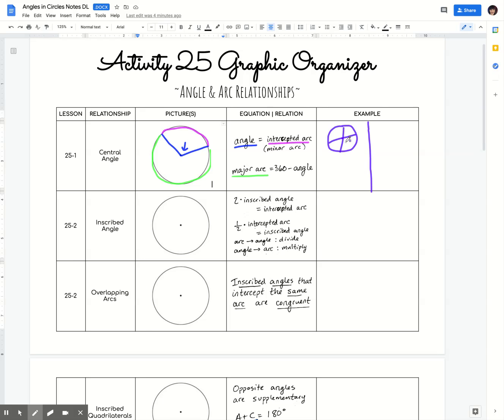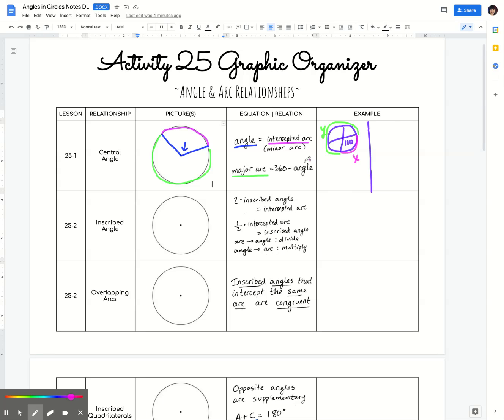This angle right here is 110 degrees. I'm going to say the arc from here to here is X, and the arc from here to here is Y. So we have to find X and Y.